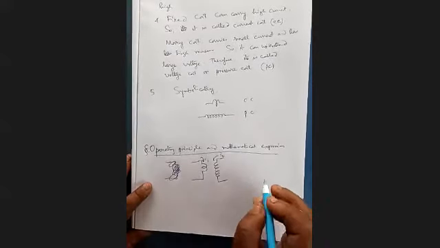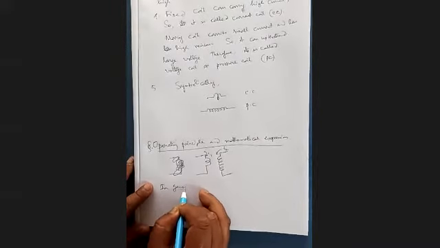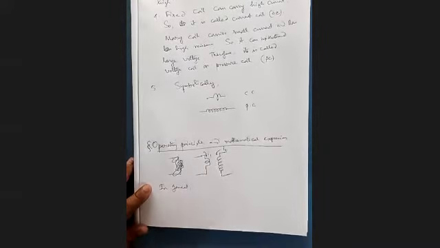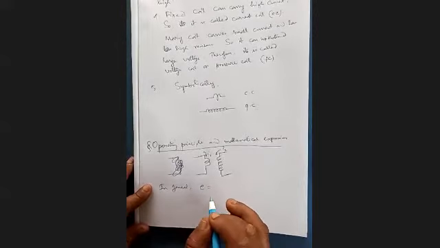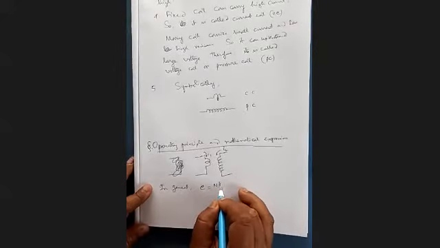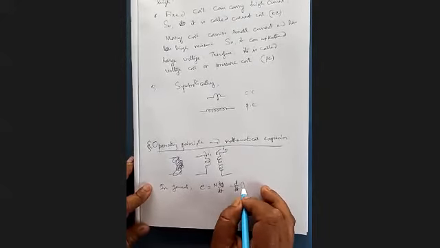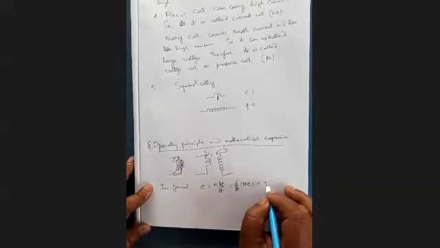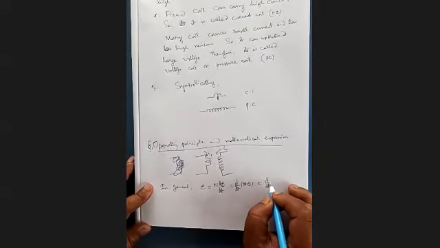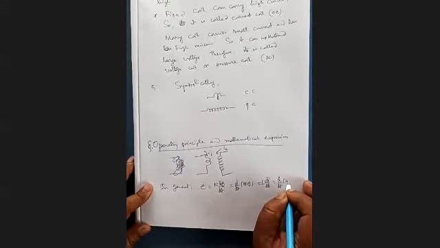Now we know that in general, when there is an AC current in a coil, its EMF is given by N d phi/dt, or d/dt of N phi, or d/dt of L i.